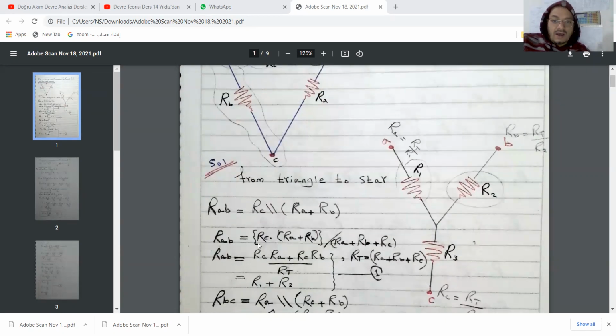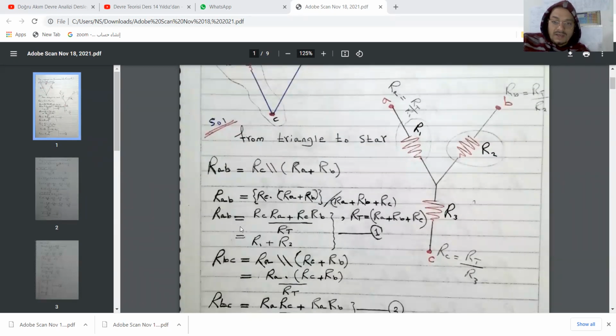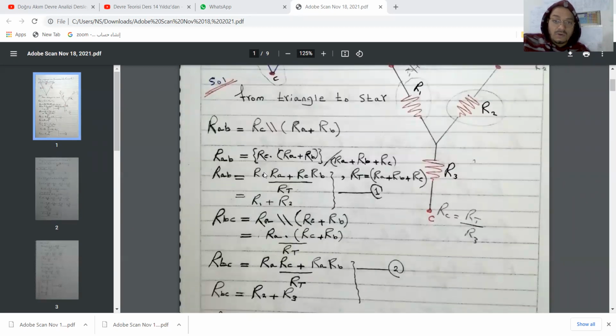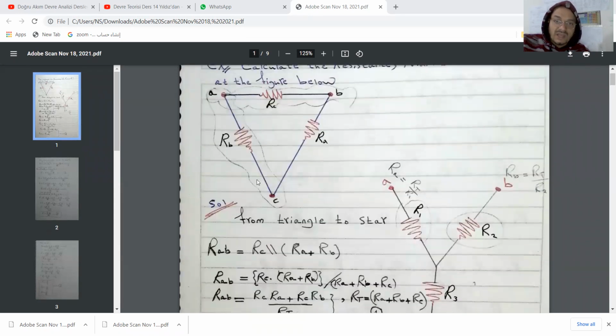RC equals RC times (RA plus RB) divided by R total. After that, I will take RC and put it between these two elements inside the brackets, to be RC RA plus RC RB divided by RT. This is equation number one.